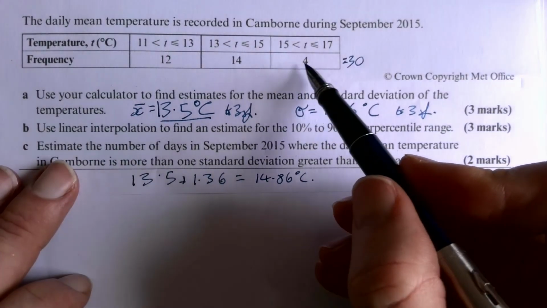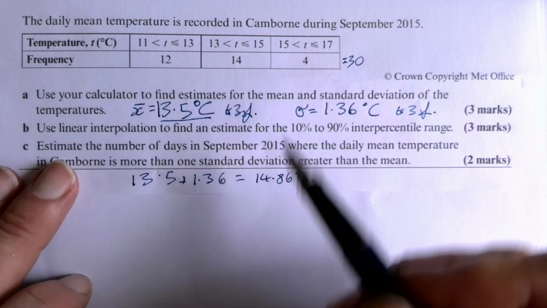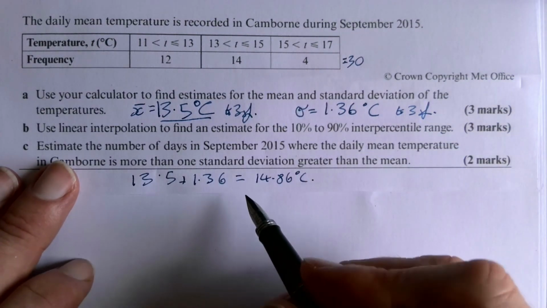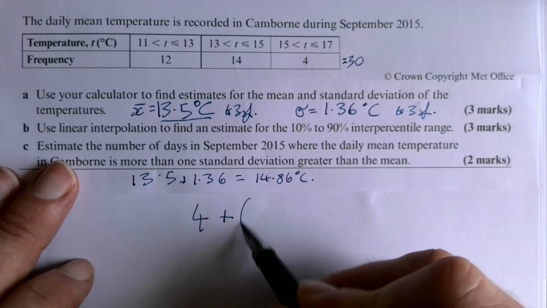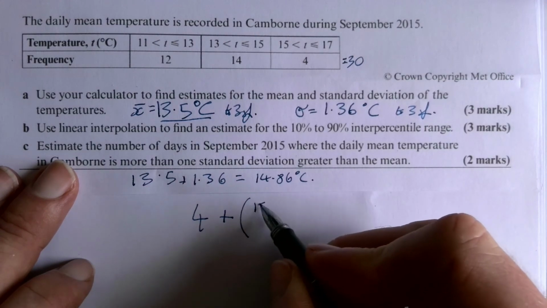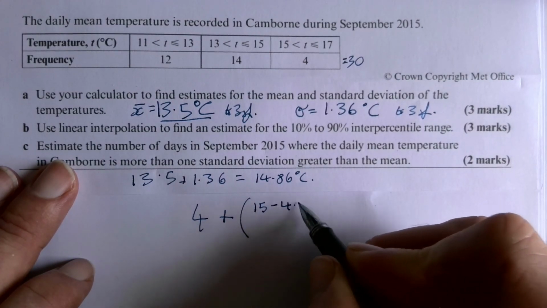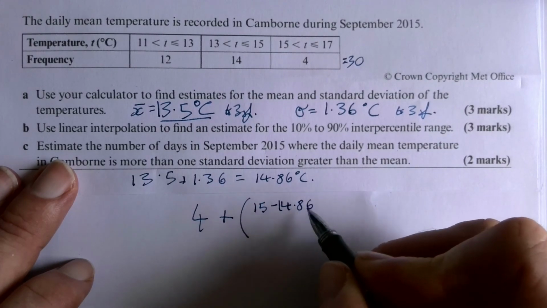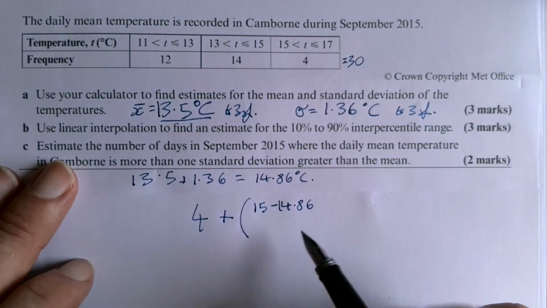So it's going to be those 4 plus a little bit of this. So to work out how much of this that it is, it's going to be 4, and we're going to be adding to that, let's put this all in a bracket to keep it a bit simpler, if you take 14.86 away from that, you're going to get a very small amount of that group, aren't you?